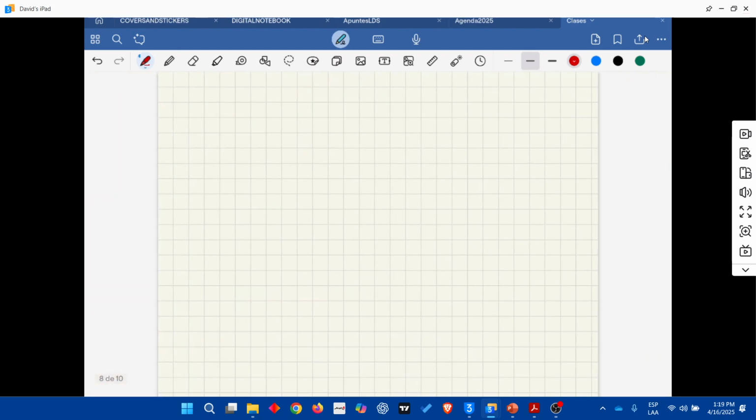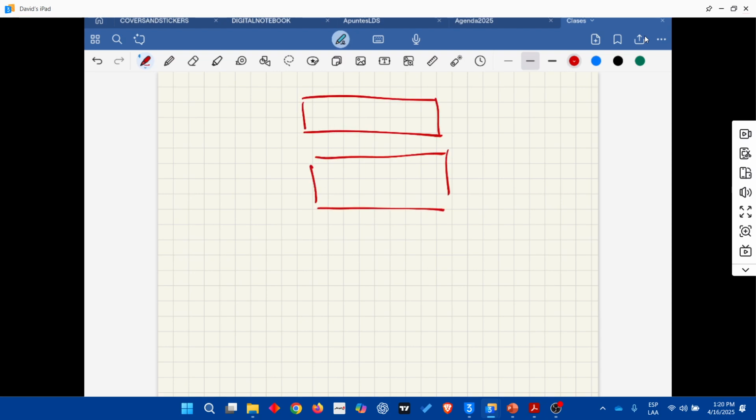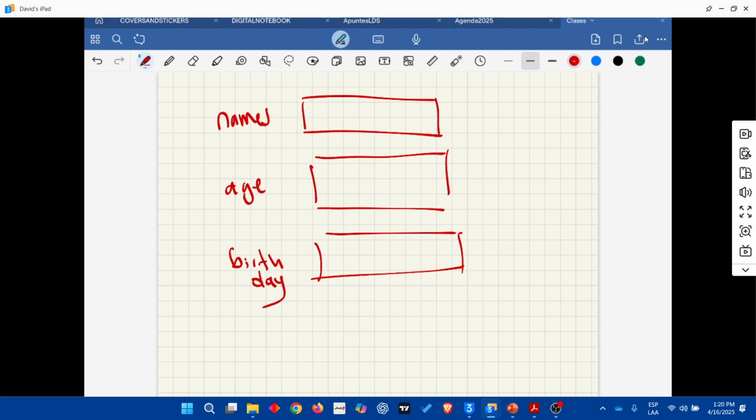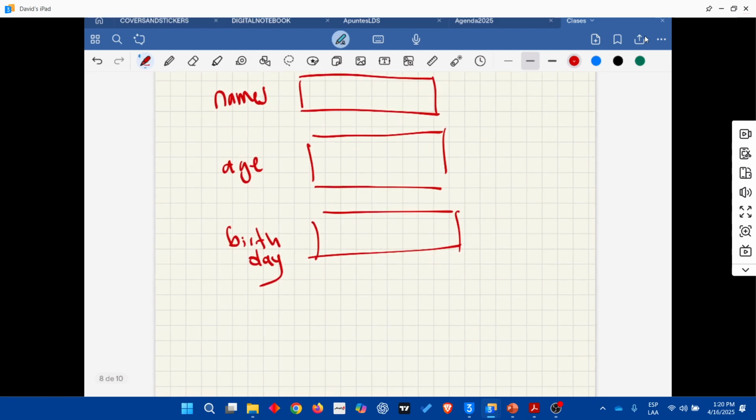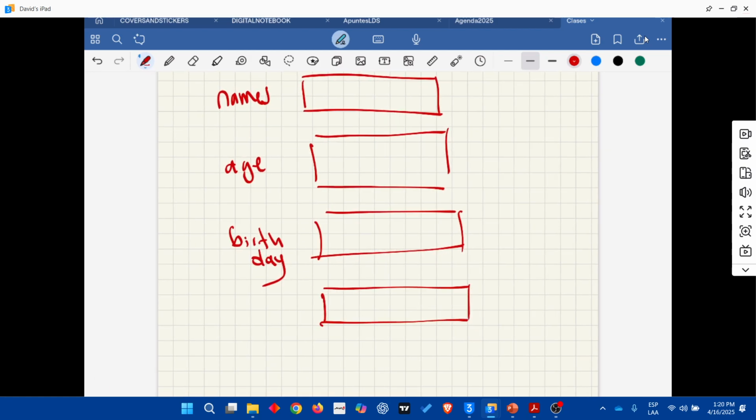Let's suppose that you are going to create a software in which you are going to have a form in which you are going to ask this information: names, age, birthday, and let's suppose that here you are going to create a user.